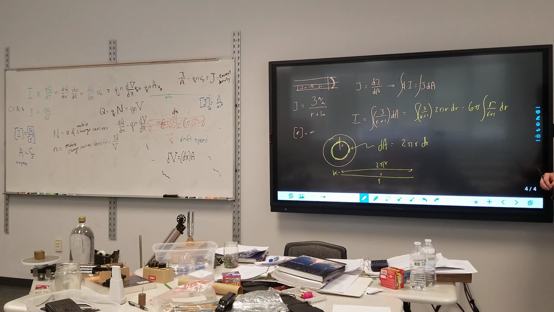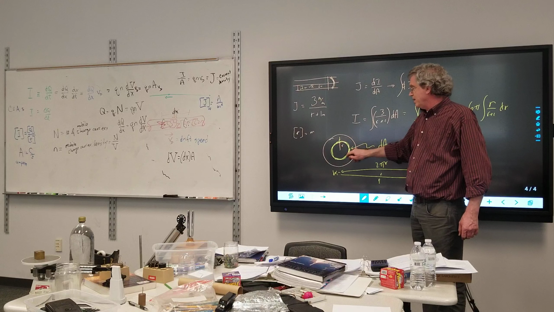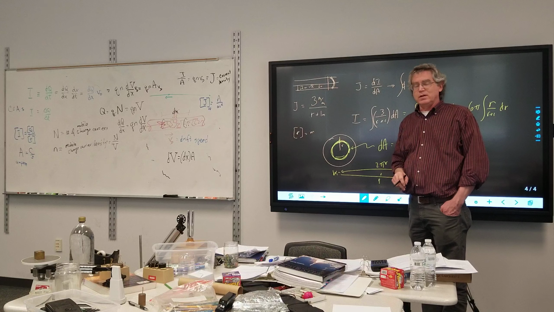So dr is referred to that like tiny little section in the line. Yeah, dr is the thickness of that line. Wait, thickness like this? Yeah. Even though this circle here is infinitesimally thin, it's not zero.